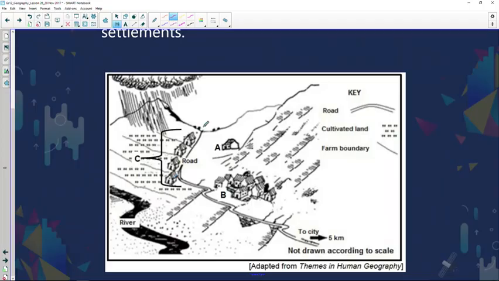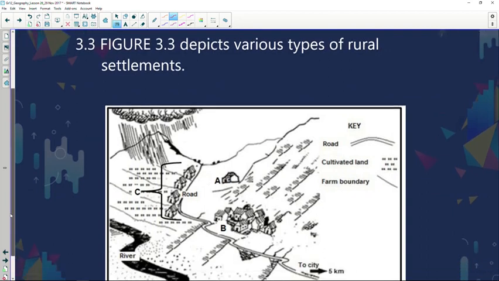And if you look at C over here, look at the rural settlement, there's a road, that looks like a linear pattern. If you look at B, it looks like they're clustered together. If you look at A, it looks isolated. So these are just some of the clues I get looking at my diagram on figure 3.3.